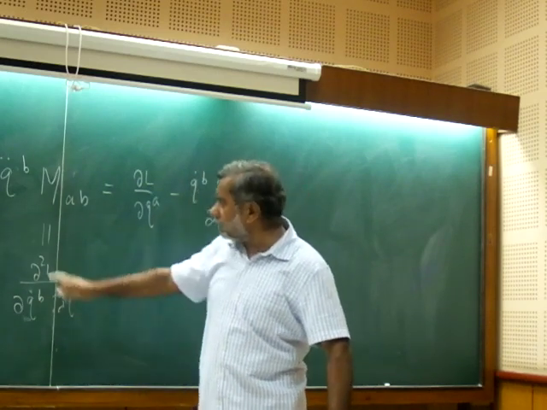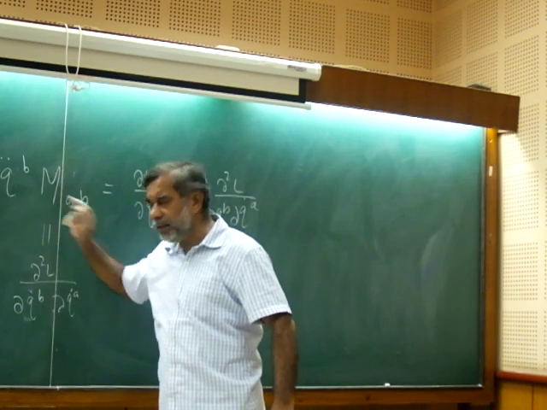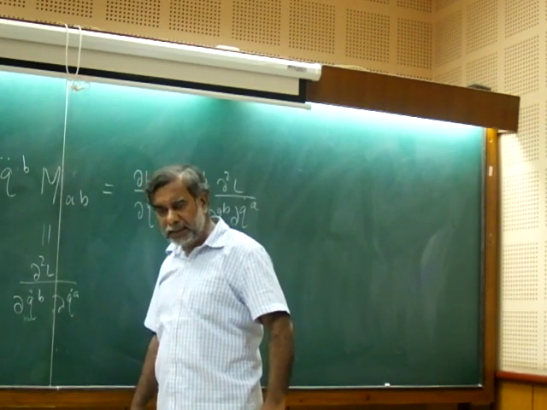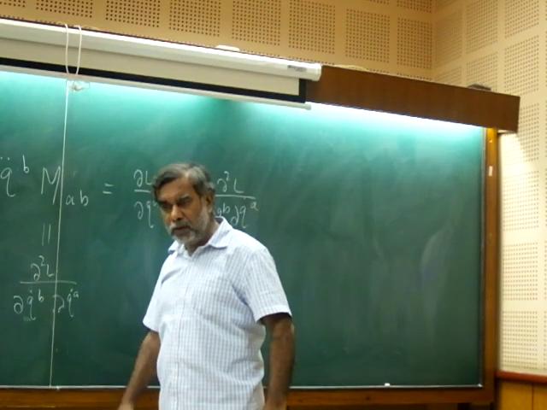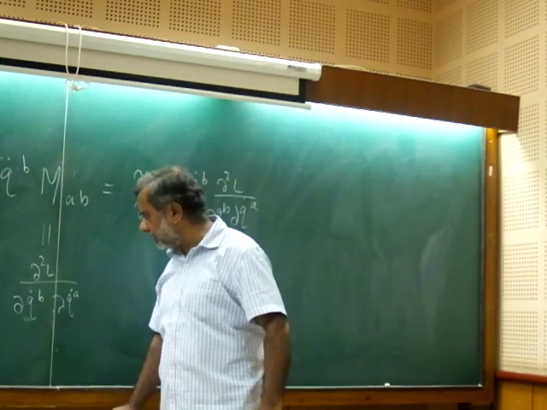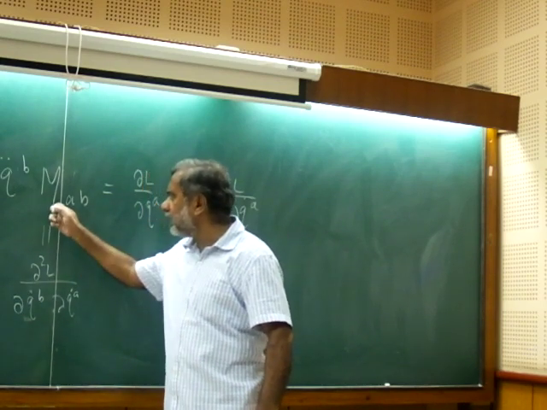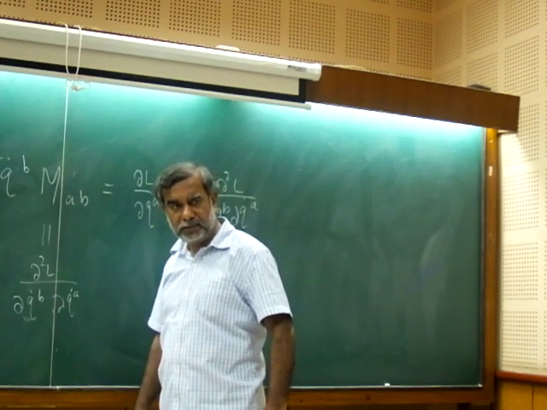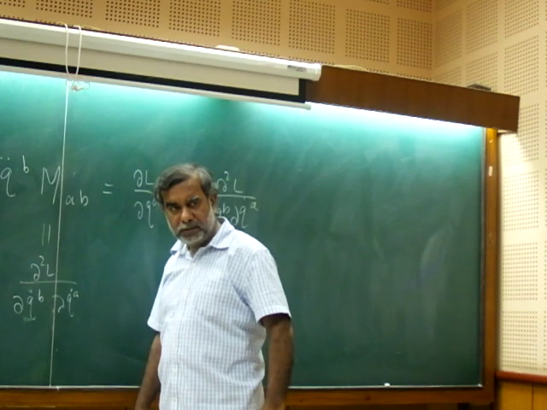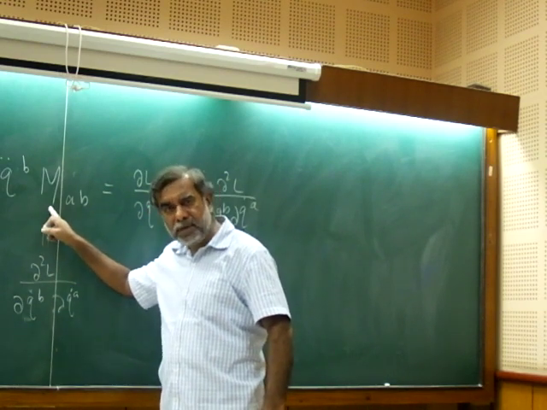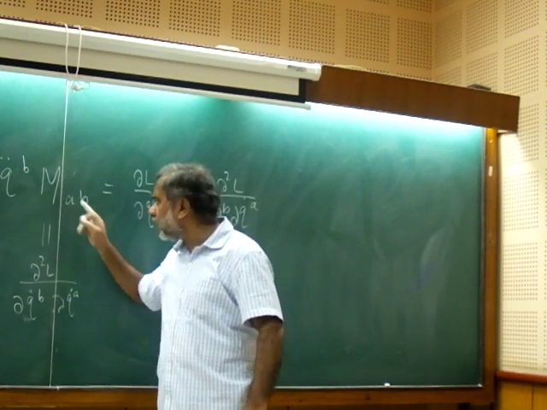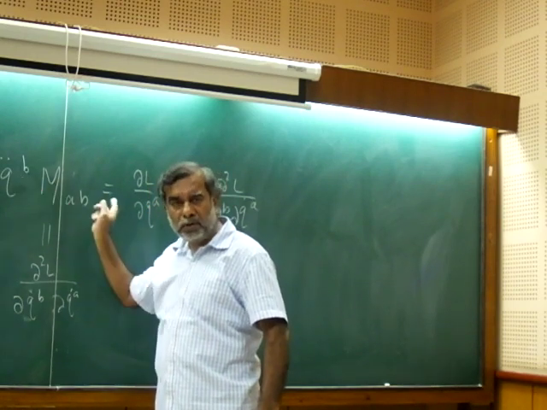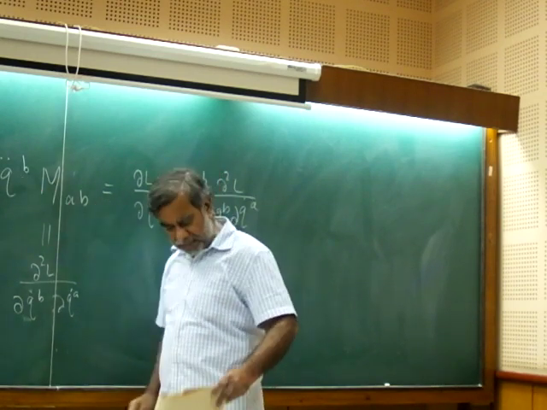So you can uniquely determine all the accelerations, and hence determine the complete dynamical evolution of the system, provided you can invert this object, right? If you can find an M inverse, I can multiply both sides by M inverse, and therefore I will have this q double dot expressed in terms of M inverse and like that.